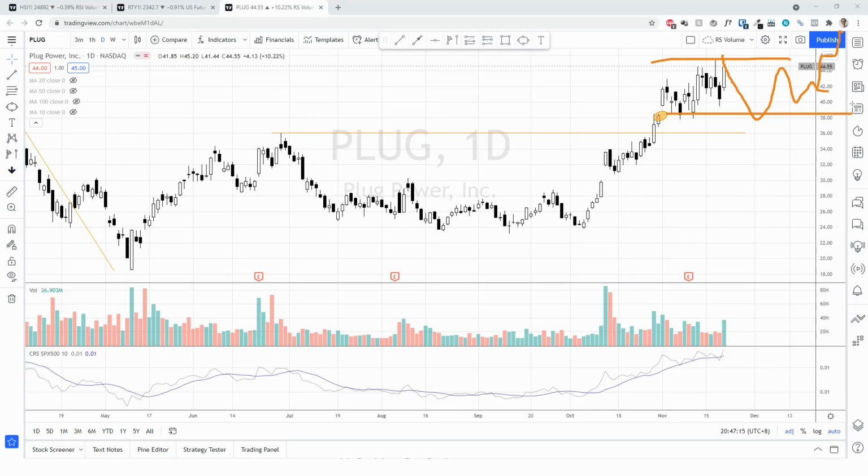So that could be a wider, conservative stop. If you want a tighter stop, that would be somewhere below the swing low or even just below the breakout bar, so it's even tighter.